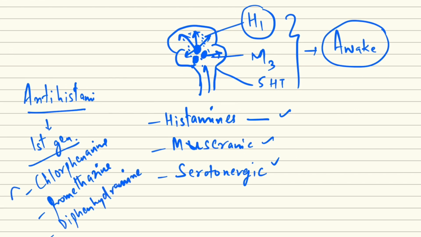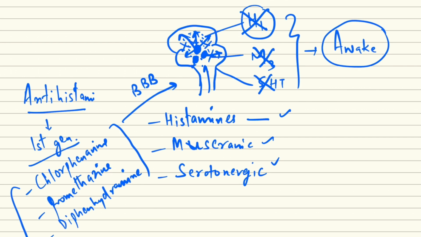These are fat soluble and easily cross the blood brain barrier, enter the central nervous system and block these histaminic receptors. In addition, they also block the muscarinic and serotonergic receptors, as a result of which these excitatory impulses are no longer generated, the patient will no longer remain awake, and the patient becomes sedated.